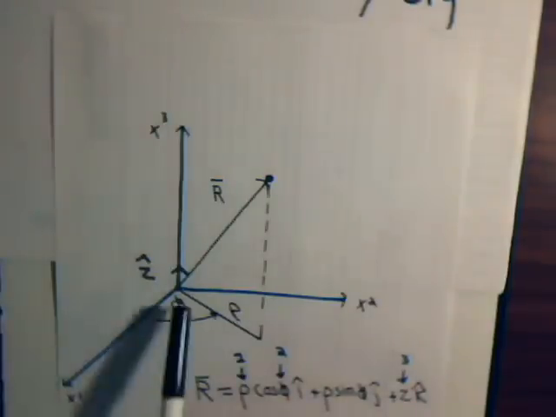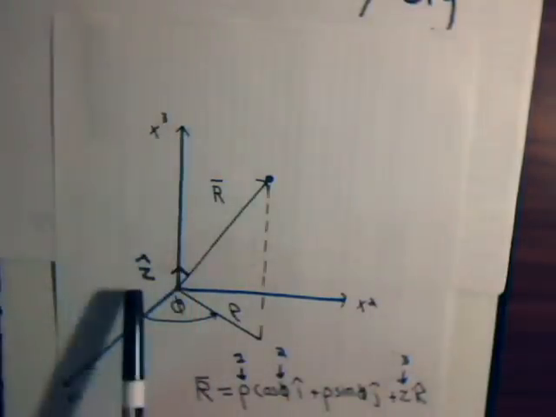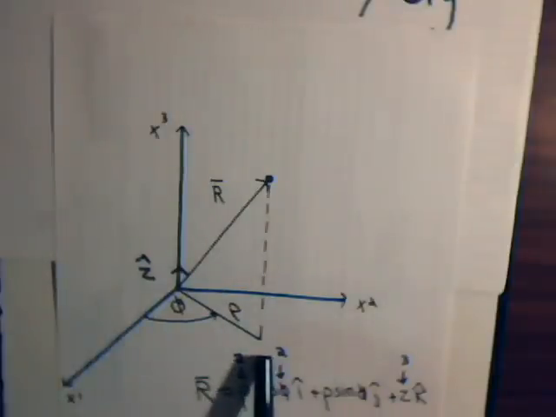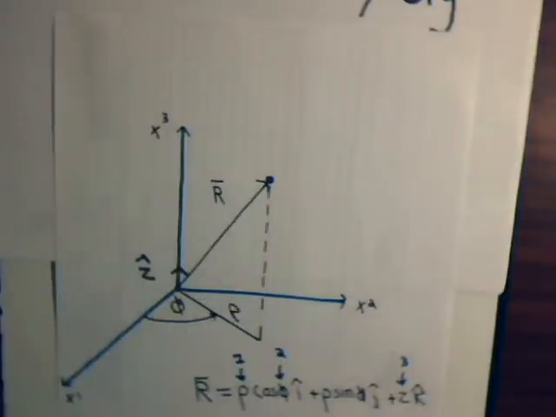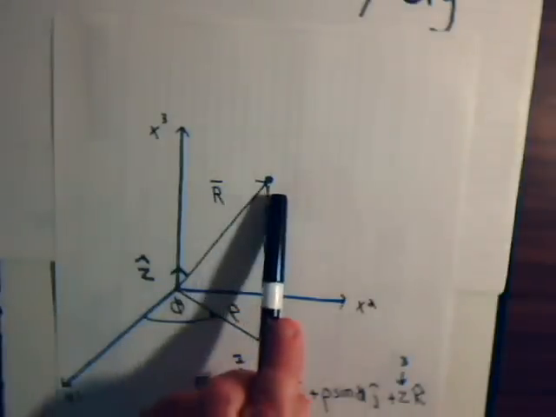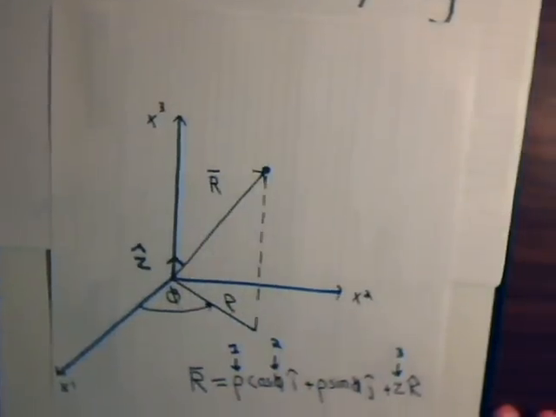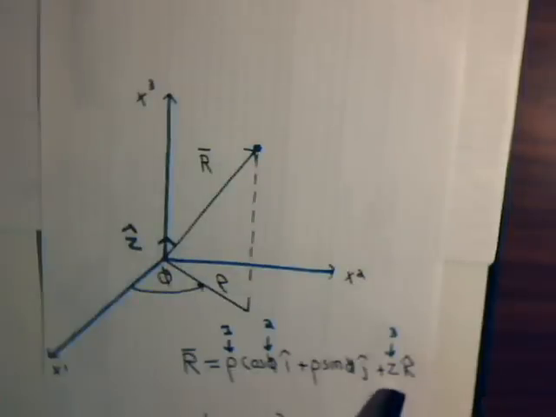And for this Cartesian axis, it has a unit vector k, so this distance going up can be z. So the cylindrical coordinates are rho, psi, and z. Consequently, the position vector r can be written like this.